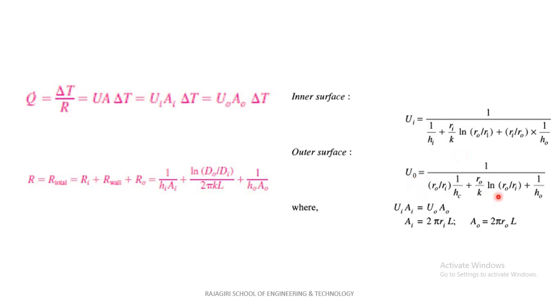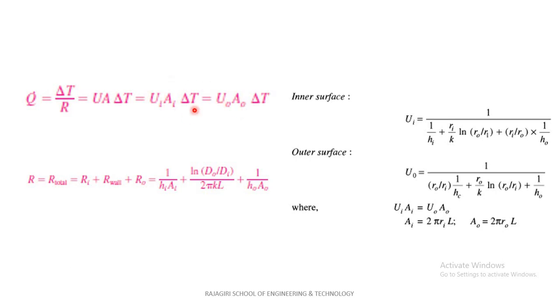Here you can see the outside overall heat transfer coefficient equation. In the same way, both these equations we have derived in the first module. So you can say UiAi should be equal to U0A0.